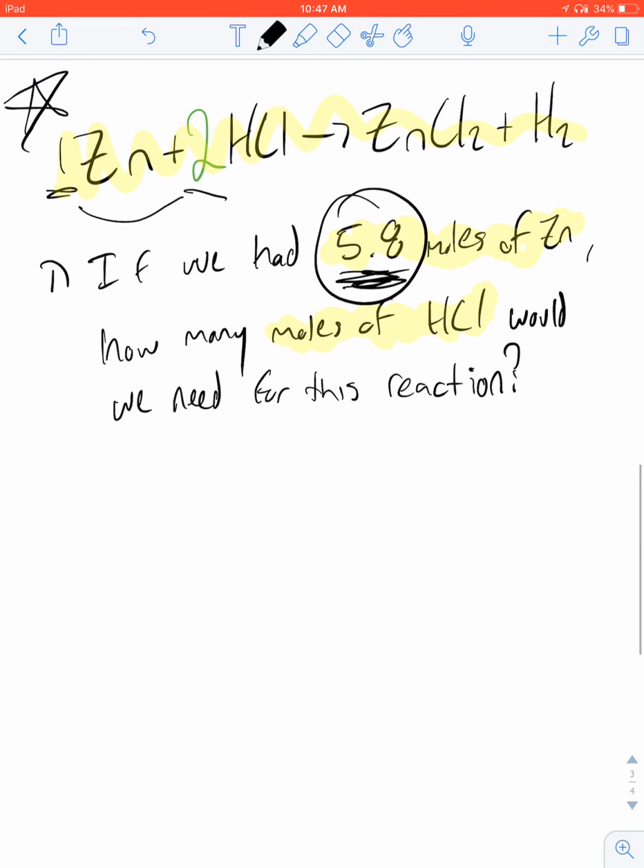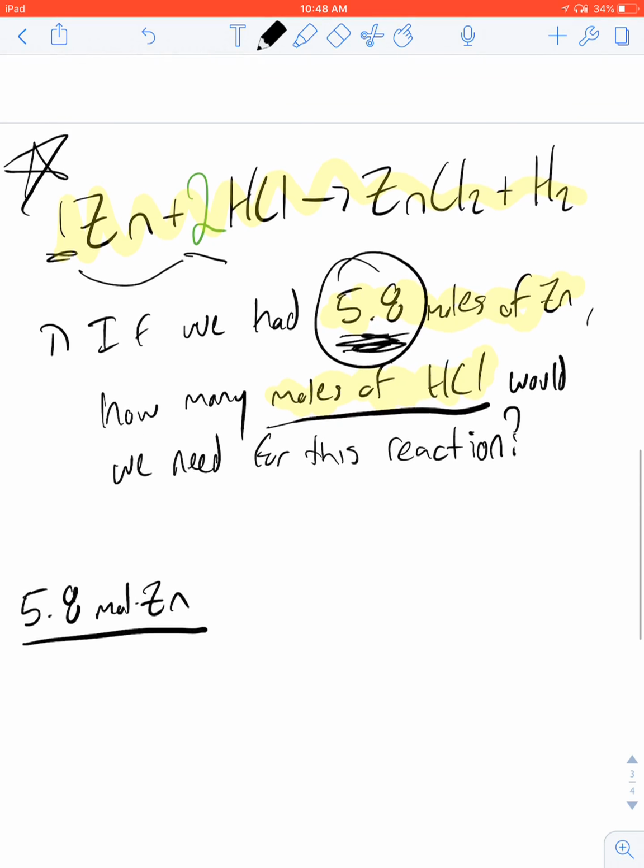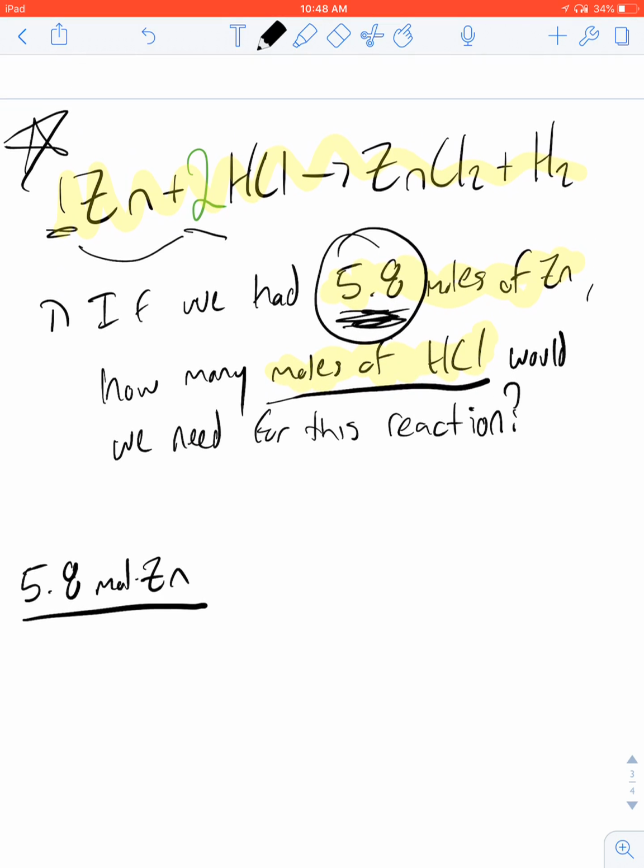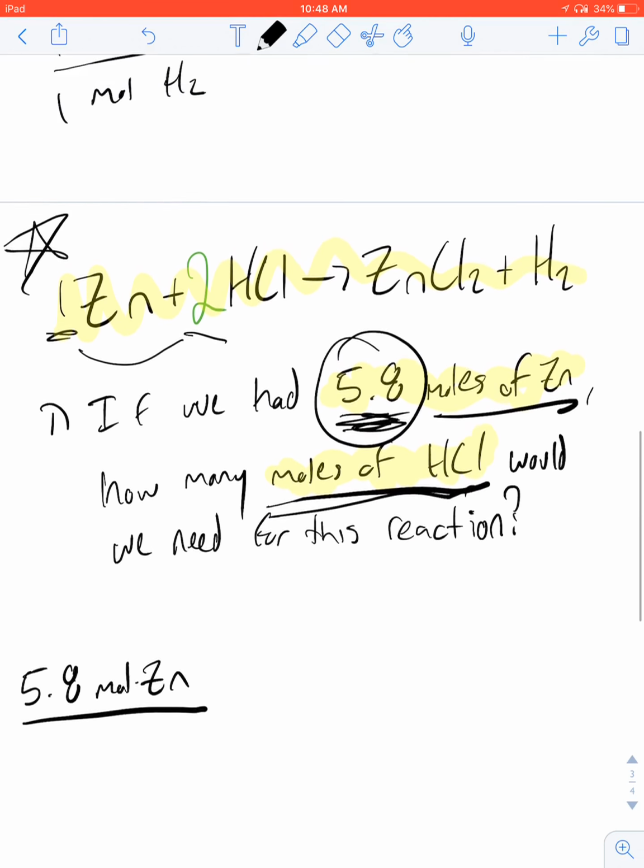So let's write down that information right here. 5.8 moles of zinc. So, in order to find out how many moles of HCl we need to make this reaction take place, what we're going to do is find a relationship between moles of zinc and moles of HCl.